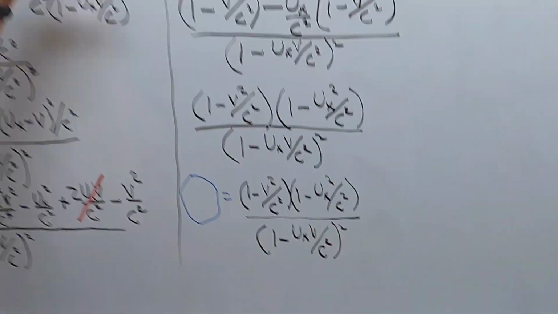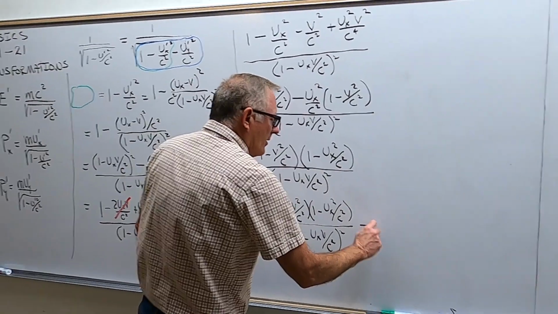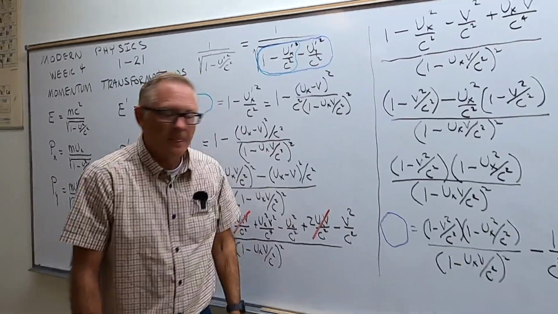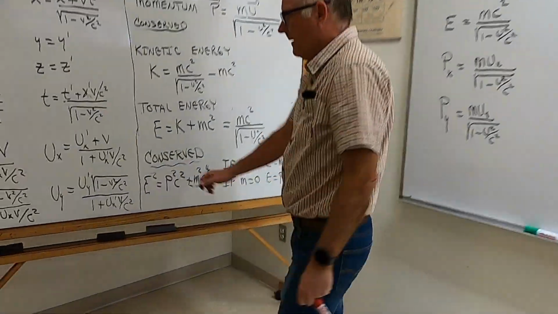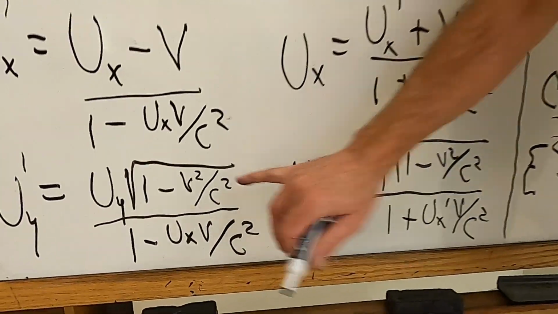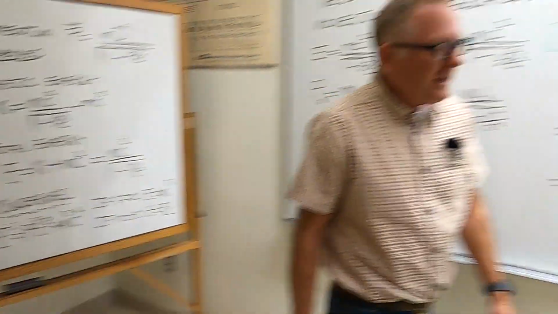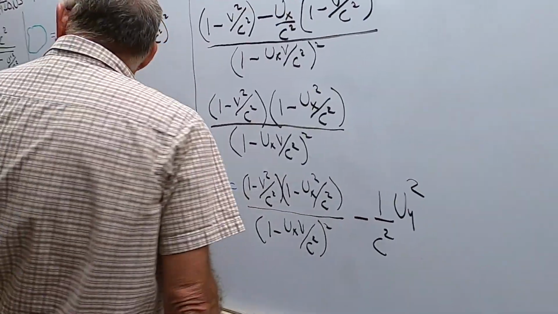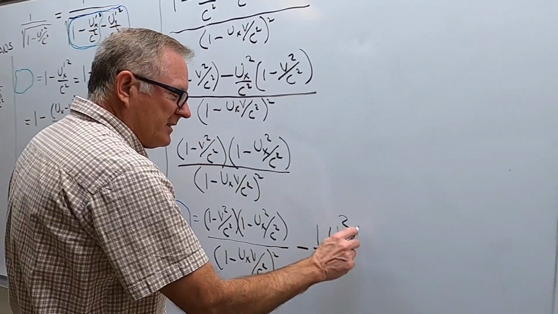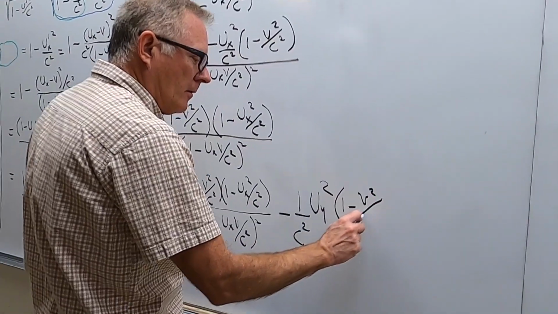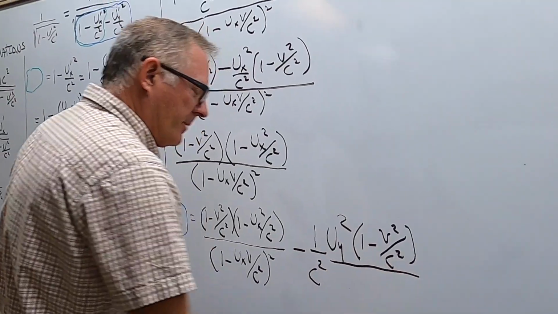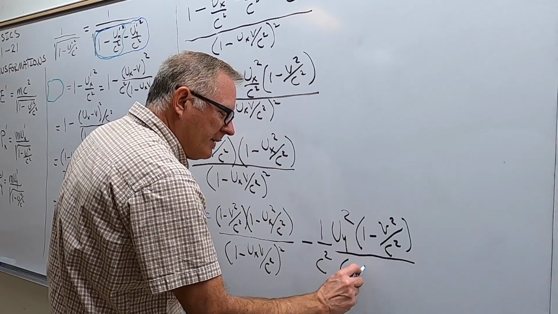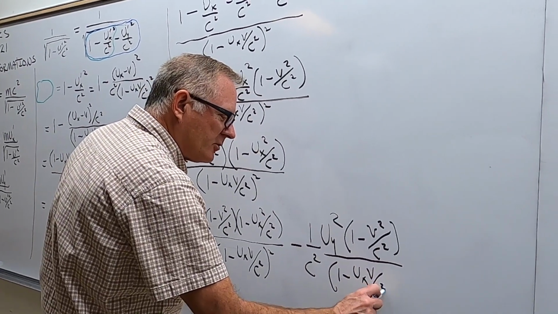And what are we going to do? We're going to subtract off 1 over c squared, and then we just have uy prime squared. Well, uy prime, which is right here, we're just going to square that. So that's uy squared times 1 minus v squared over c squared divided by 1 minus uxv over c squared, squared.